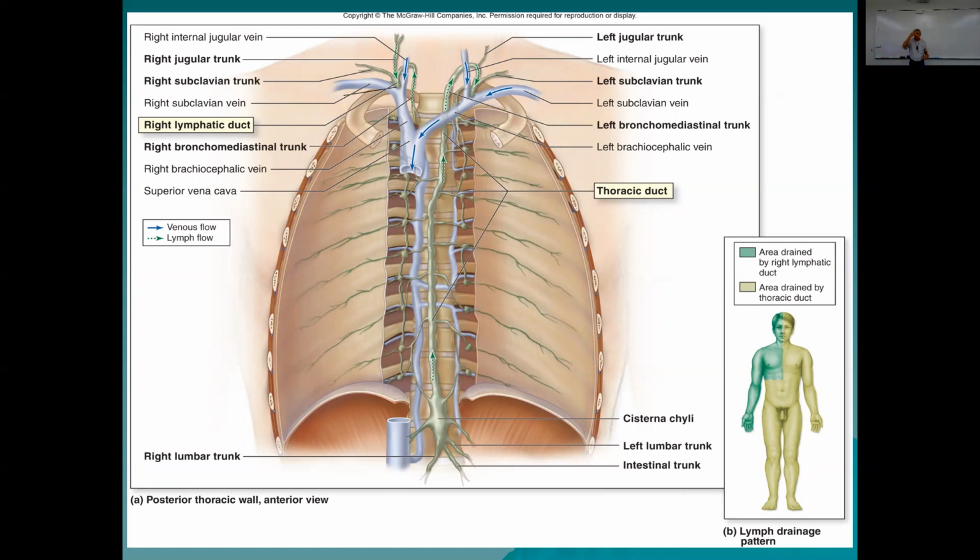So essentially, just this is the right lymphatic duct. The rest of the entire body is drained by the thoracic duct. So it's really uneven drainage. Okay.